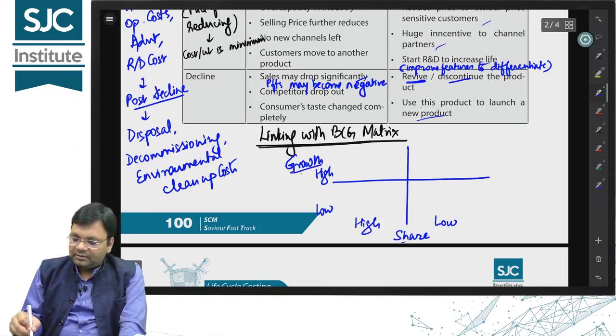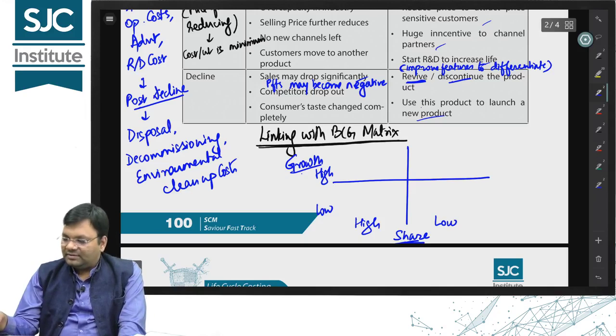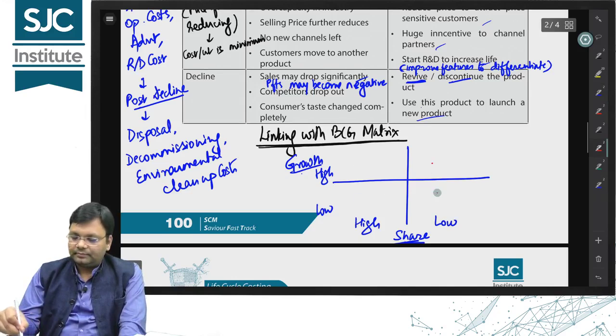Do you remember the cells in this BCG matrix?